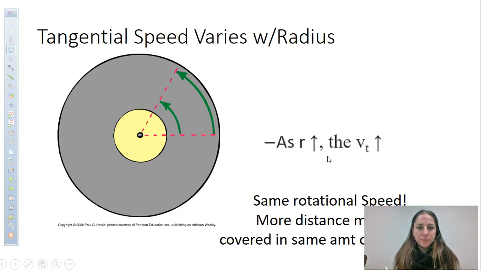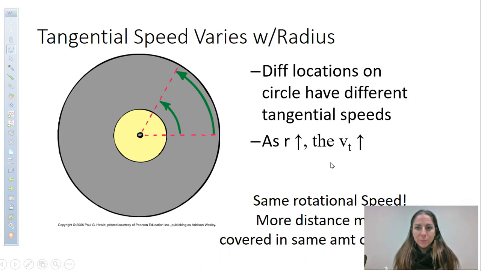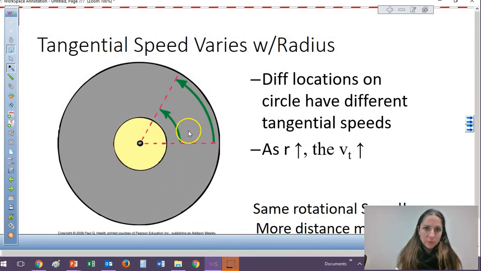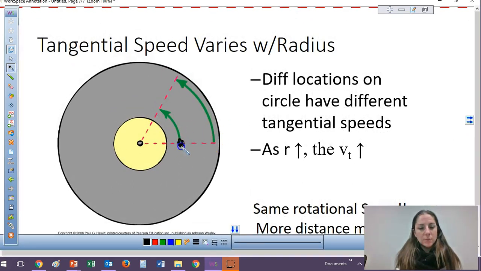So the answer, I hope you thought about it, is that they both have the same rotational speed. Because if you notice, if the person sitting at this point close to the middle, point 1 versus point 2, right?